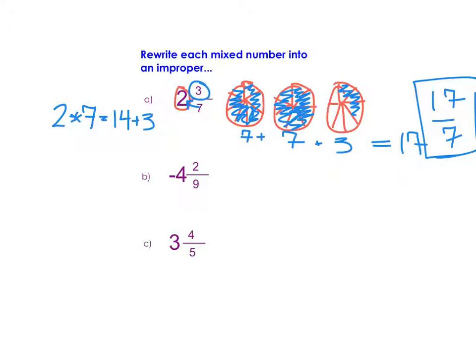Now here in part B, remember this negative is simply telling us that our final answer is going to be a negative. Here I know that I have 4 whole pies with 9 pieces in each, so I have 4 times 9, which is 36. And then I have 2 additional pieces in that last pie, so it'd be 38.